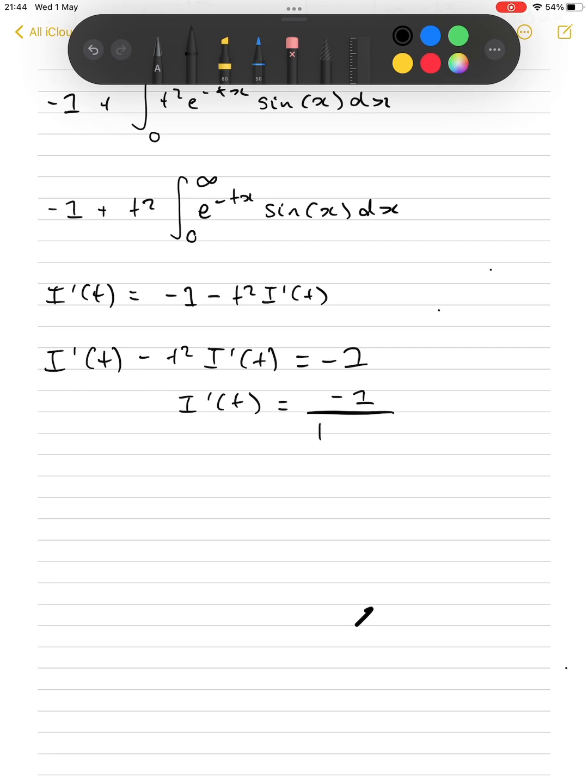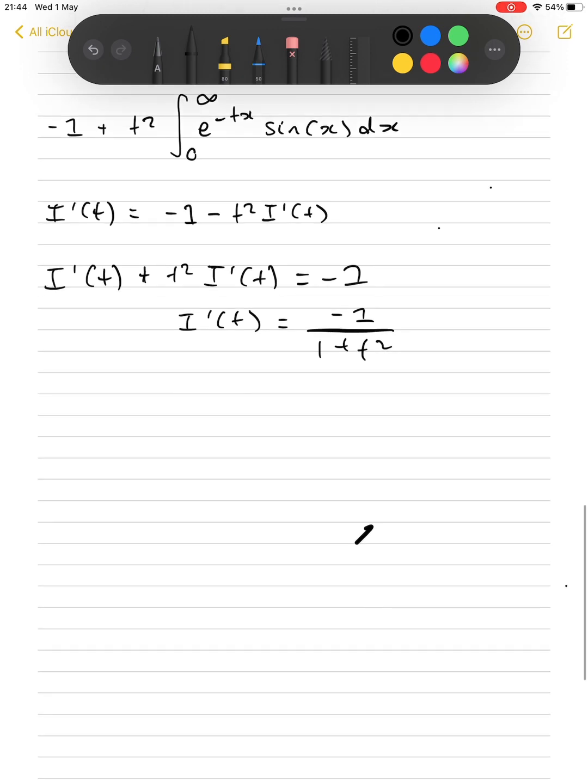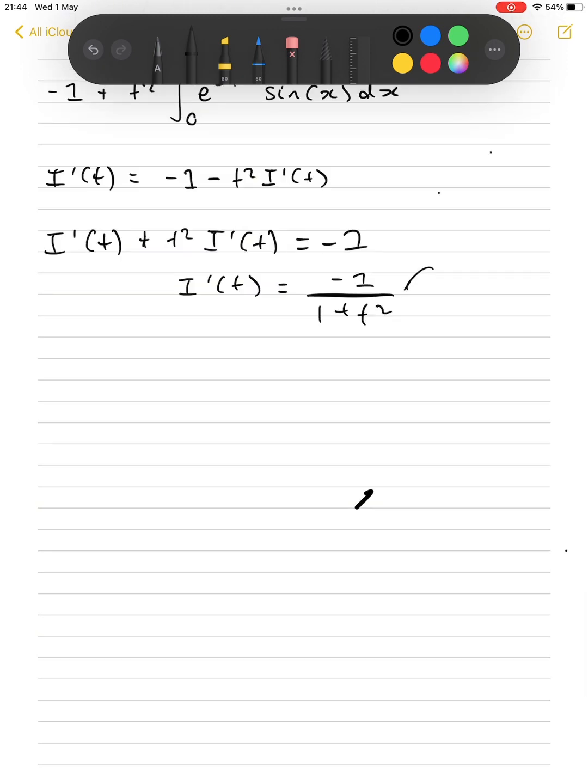Sorry, this is a plus t squared. Now, if you know your standard results, you'll know that this is actually just the negative arctan of t. So we're going to just write it as I of t now, since we are integrating the function. I of t is equal to negative arctan t, and we can't forget our constant of integration.